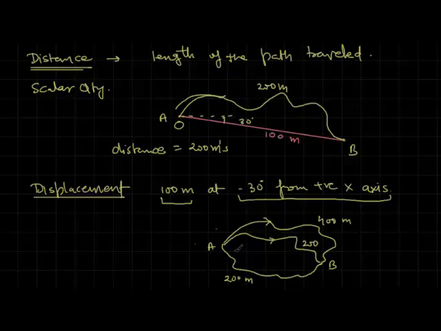All these paths are different, but their distance can be same or not same. But the displacement, eventual displacement when you are reaching from point A to B, is always 100 meter. So it does not matter what path you take, your eventual displacement is always same.